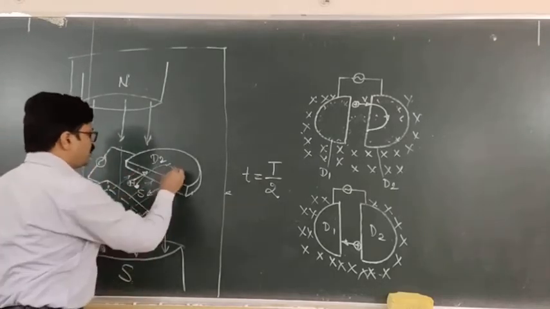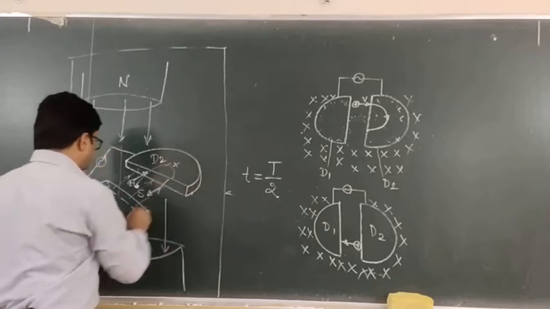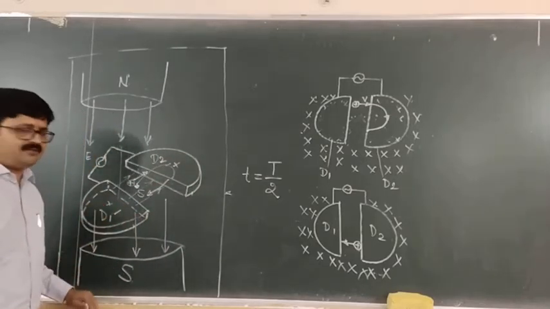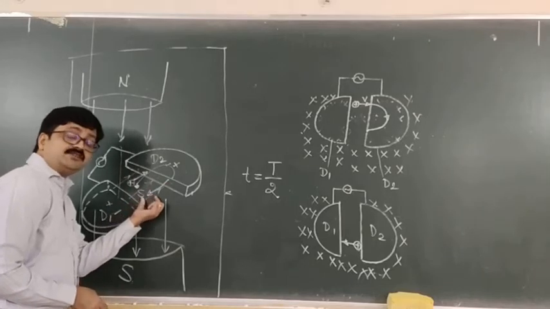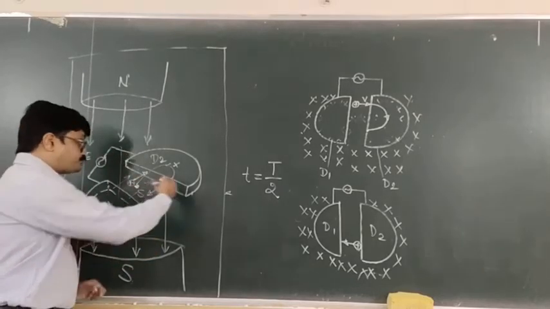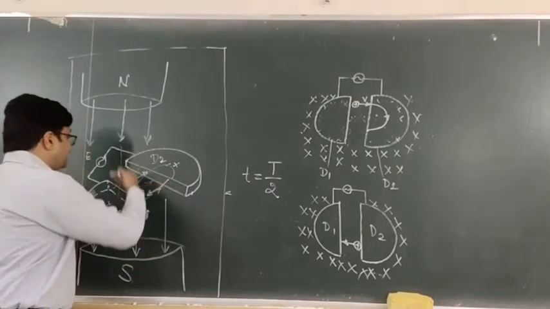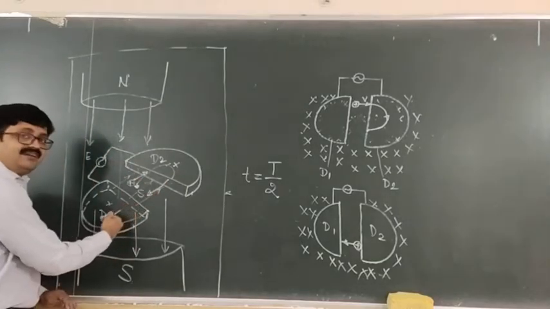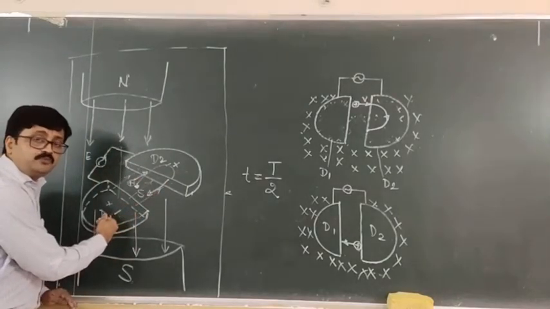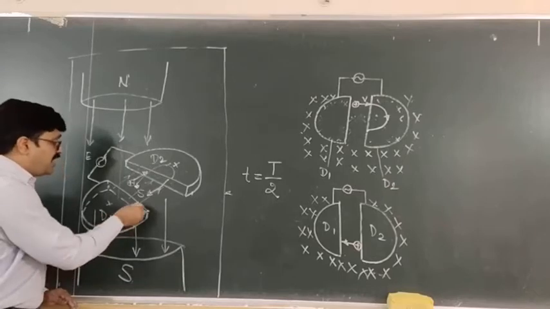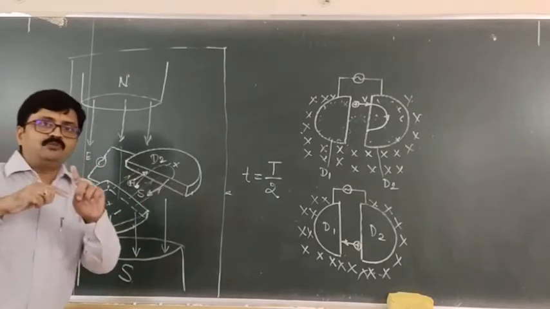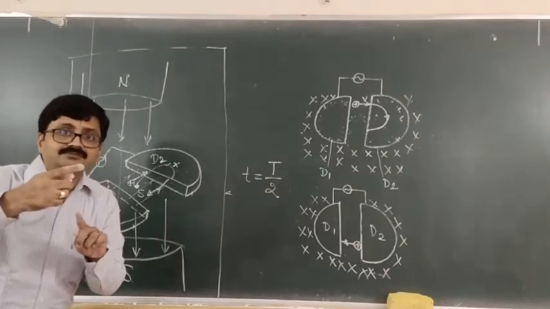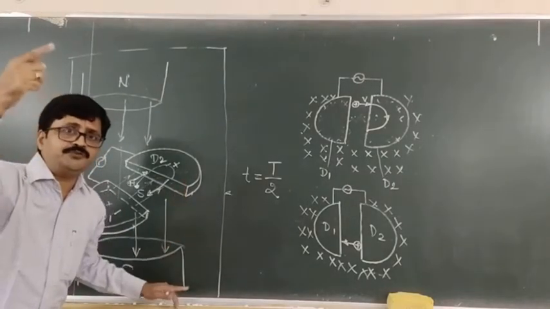So now D2 becomes positive, D1 becomes negative, and under this circumstance, again this charged particle will move under this electric field inside D1, and while moving inside D1, it would have gained one more amount of V here. Initially its gain was V.